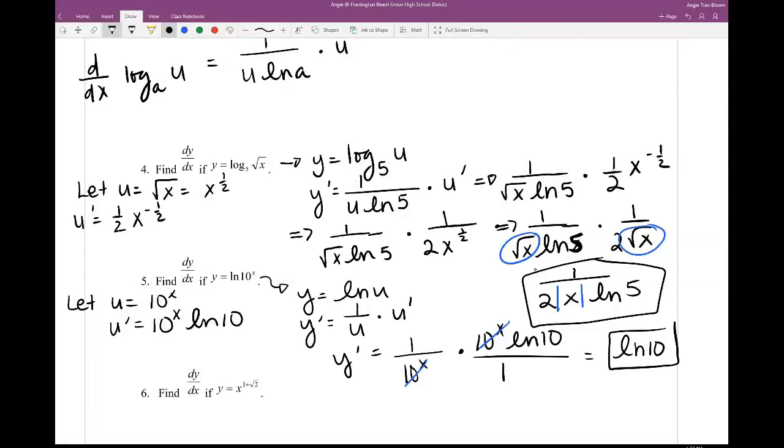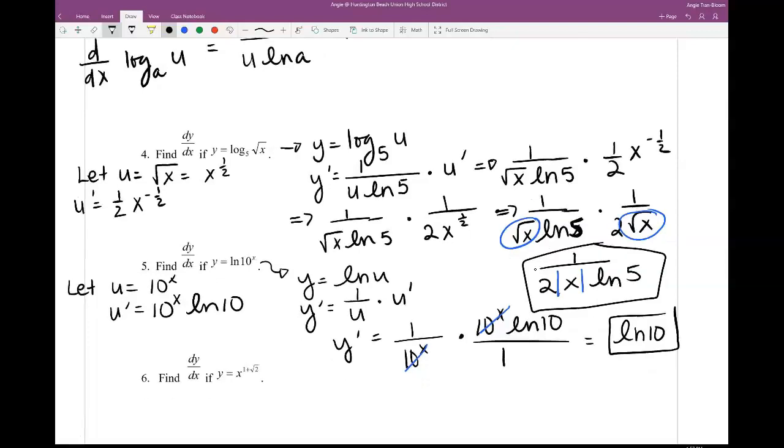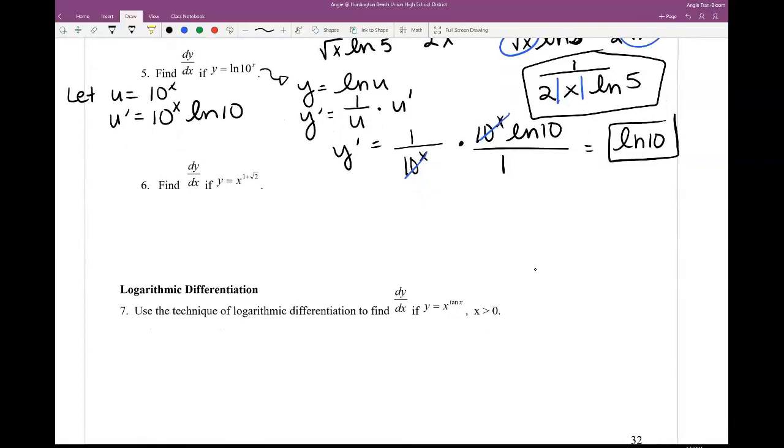All right, example 6. I want you to take a minute or a few seconds to try 6. Did you get an answer? It's tricky, right? This looks scary. Look at the power.